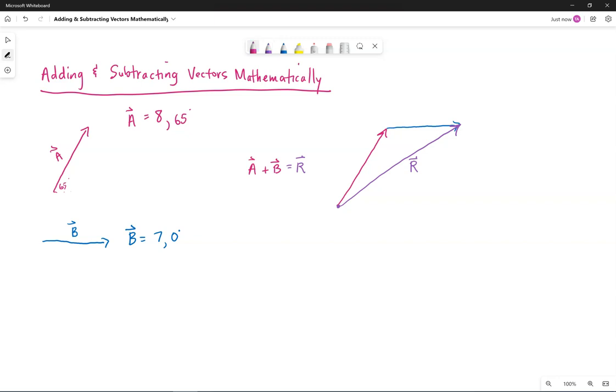Now we know vector A has a length of 8. Vector B has a length of 7. R here is not going to have a length of 15, 8 plus 7, and again, that's because of the differing angles.